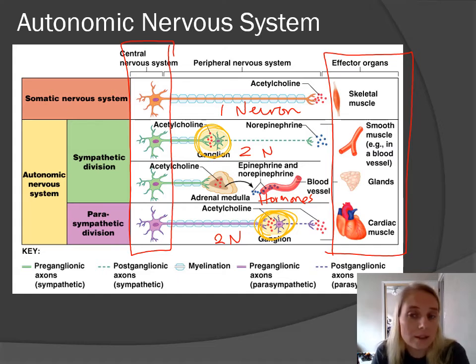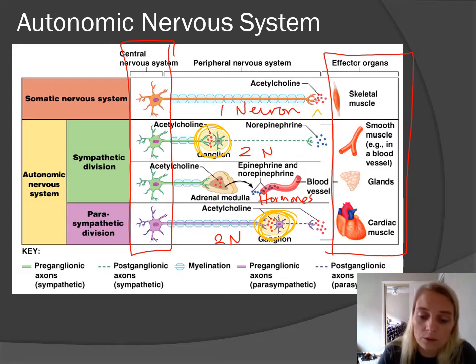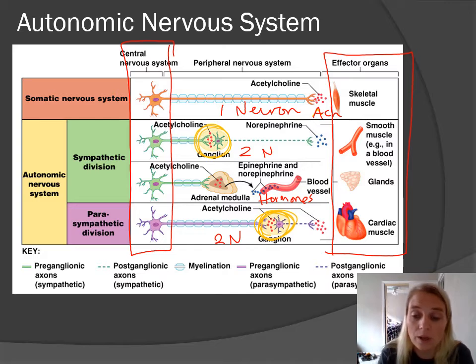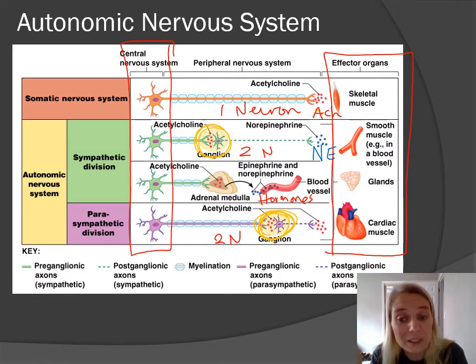Okay, let's see if we can find some other differences. Take a look at the neurotransmitter. So here, oops, let me get back into my red. We had ACH, right? So it is ACH that was released at the synaptic cleft to tell the skeletal muscle what to do. Here, in sympathetic division, we have norepinephrine. It's a completely different hormone, or neurotransmitter, I should say.